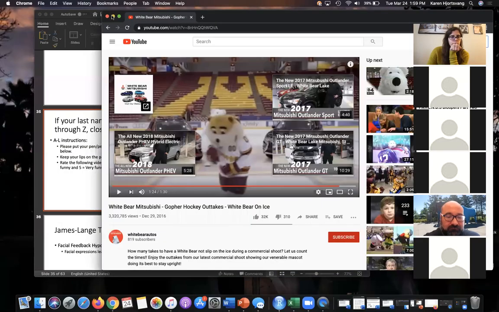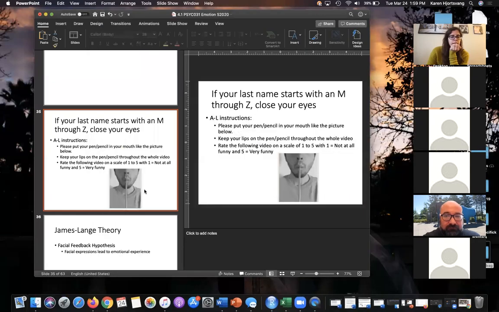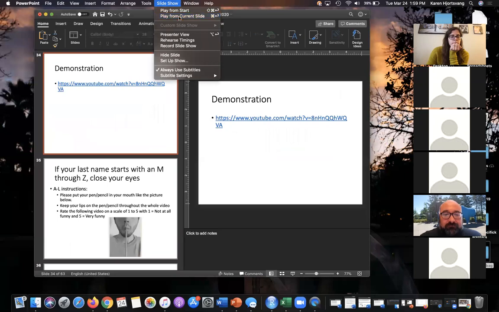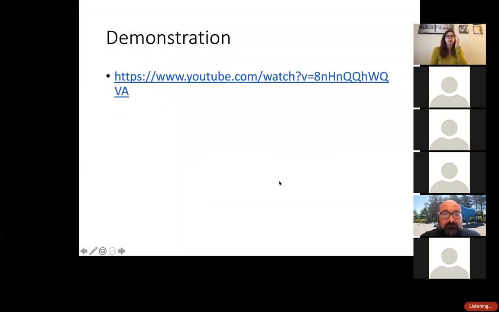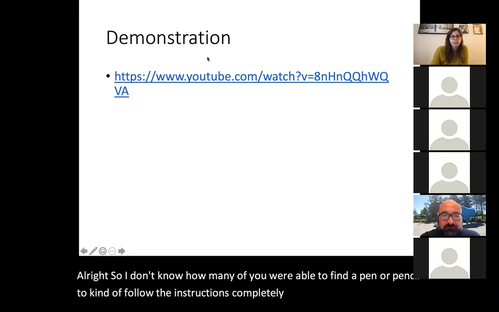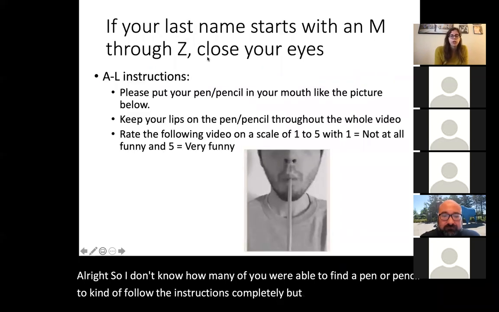Okay. So everybody can open their eyes. All right, so I don't know how many of you were able to find a pen or a pencil to follow the instructions completely, but you might have guessed you had different instructions.